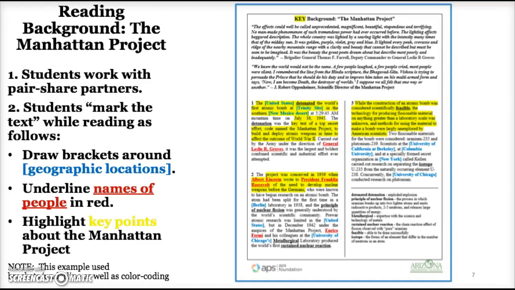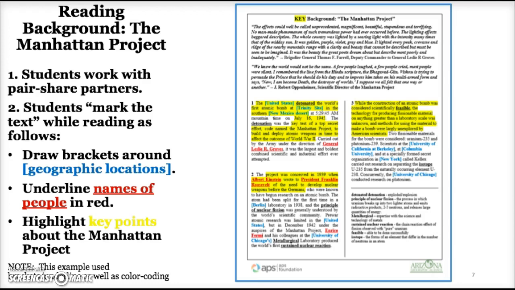So here's an example. It's a secondary example where this teacher is doing a research project on the Manhattan Project. Through this text that they're reading, which is several pages long, I just highlighted one page, they are to highlight key points about the Manhattan Project in yellow, which you can see the example done on the first page. They can highlight key geographic locations.